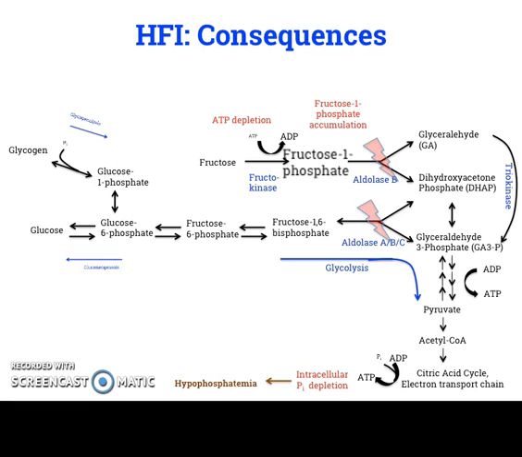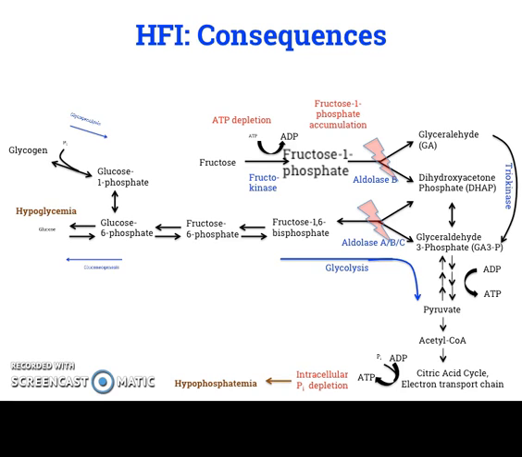Gluconeogenesis is inhibited because of the primary enzyme deficiency. Fructose 1-phosphate accumulation may also directly lead to inhibition of the enzymes in these pathways. As a result, hypoglycemia ensues as the liver cannot produce or mobilize glucose.